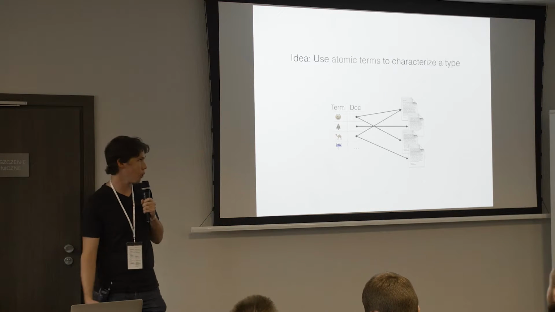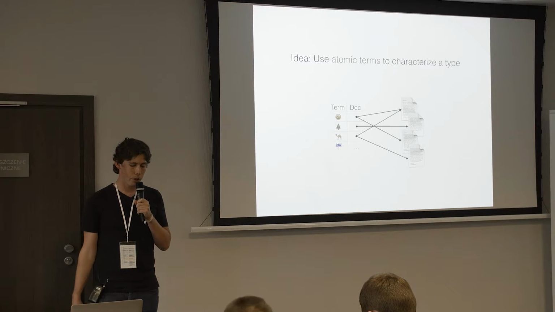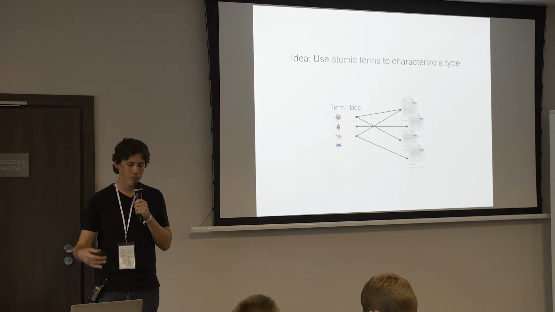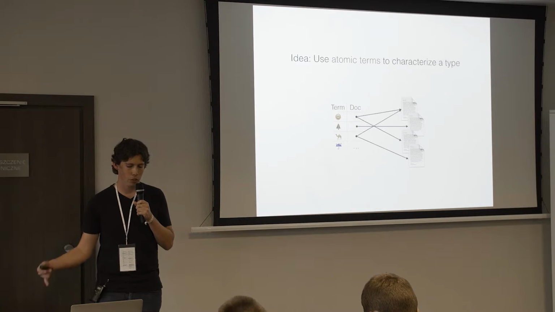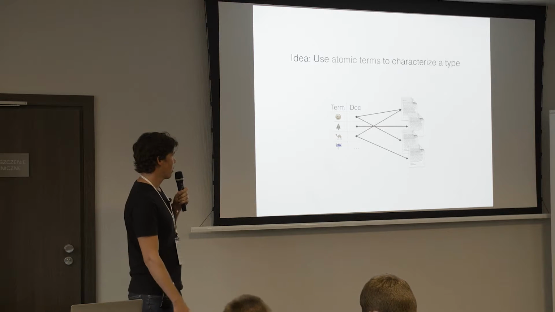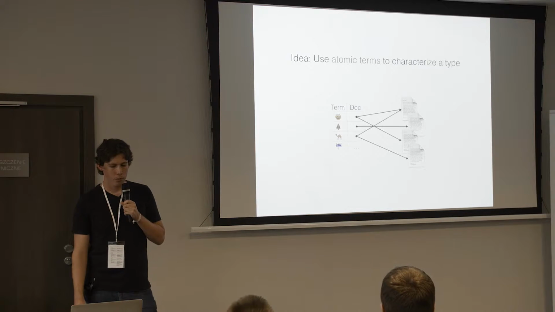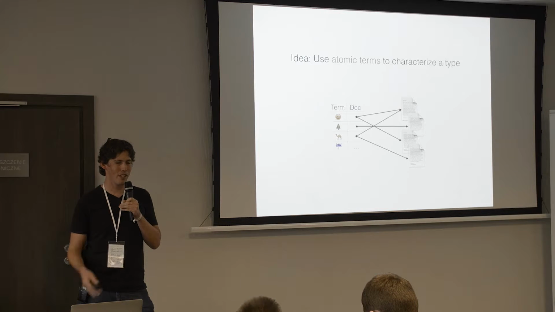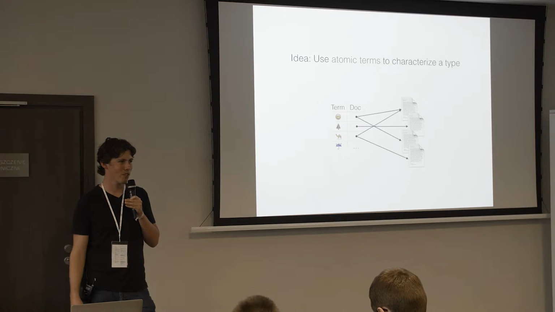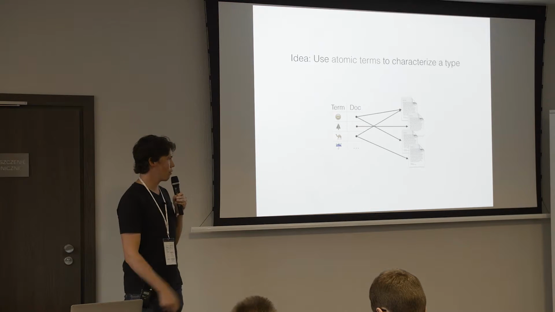We have some terms that describe the documents, and we use the terms to quickly retrieve documents that are described by them. This is an inverted index. But types are more than just a list of tokens. So we have to transform them to make use of this idea.